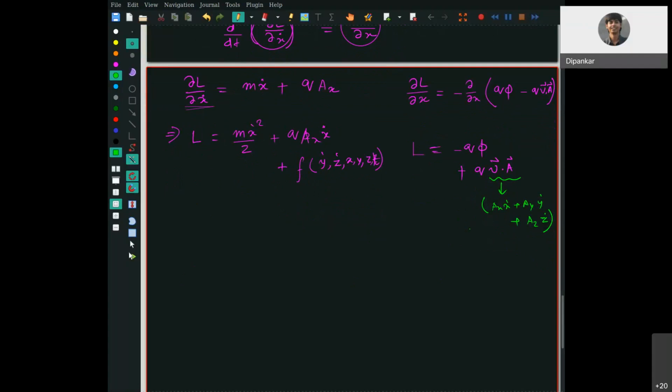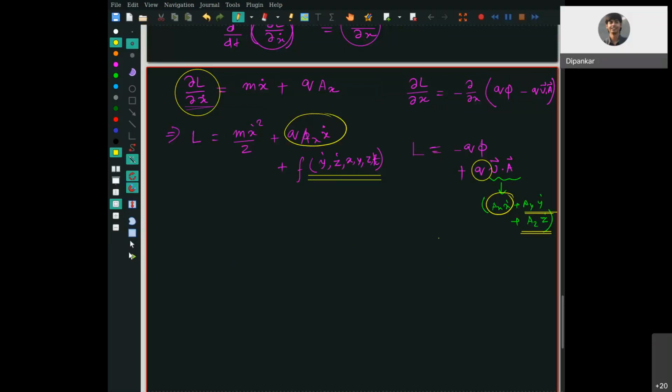You can probably see that there is one common term between these two. Adding these two terms, y dot and z dot, does not affect my del L del x dot because I can always add to this one.